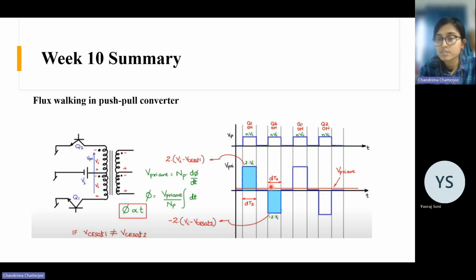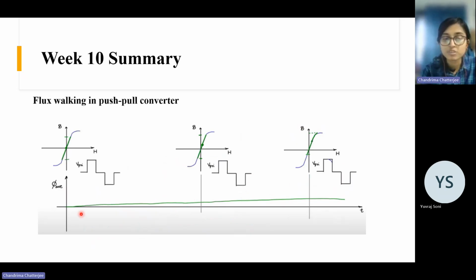Even though this voltage may be very small, there will still be a rise in the flux. As time goes, the flux will accumulate more and more, and it may lead to saturation of the core. If the core is saturated, then the converter will not work. So that's why this is a problem. This is called the flux walking issue. Now we will have to see how we can get rid of this problem.